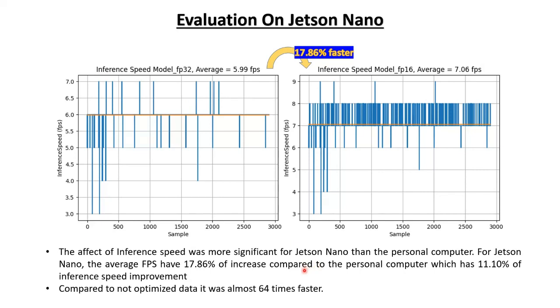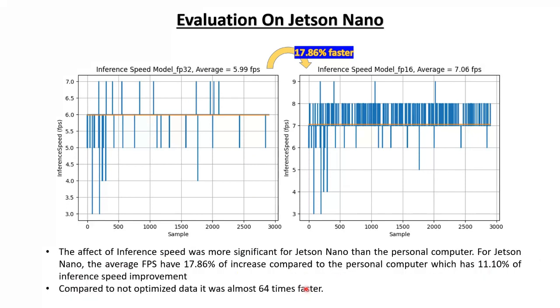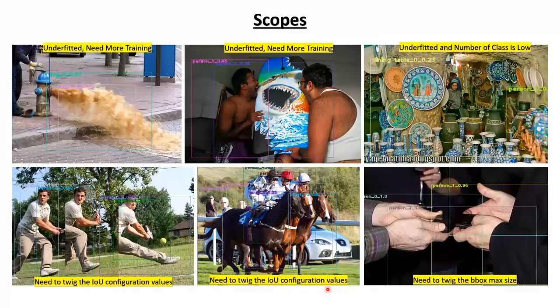Yeah, which is good. So if you compare, you can see that this 7.06 FPS is almost 64 times faster than that 0.275 FPS that was given for the 16-bit model.